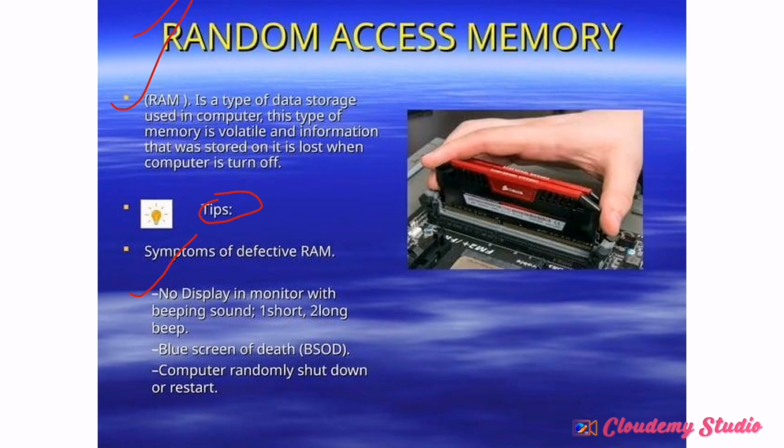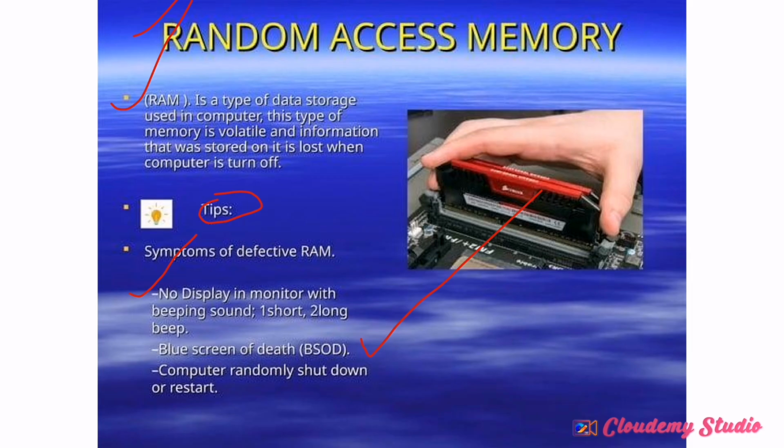Then here, no display, or short beep or long beep. Then blue screen on the computer, the blue screen of death, BSOD. So definitely you know the problem is with the RAM. So these are the things that you need to understand.